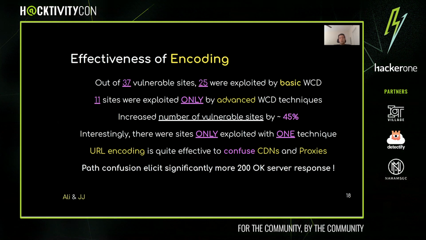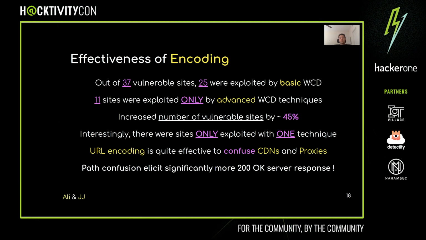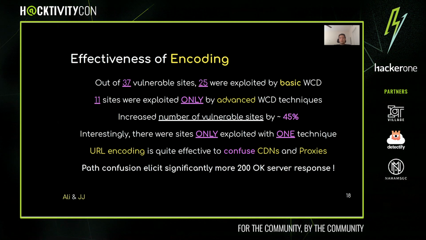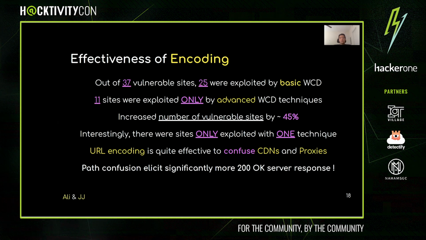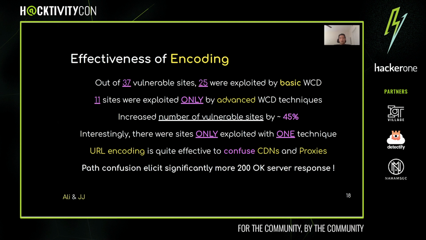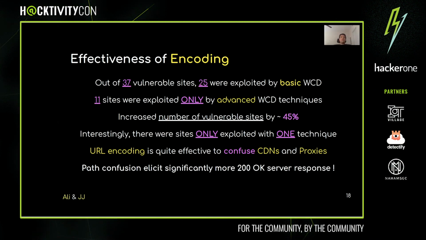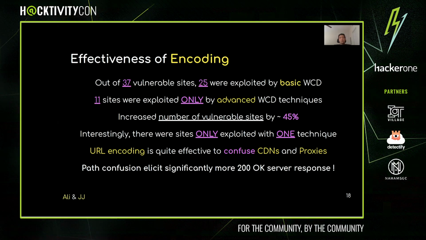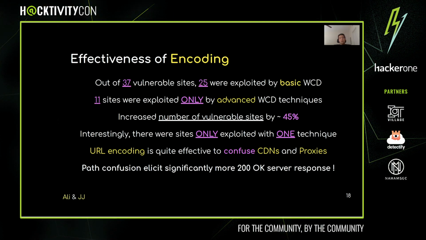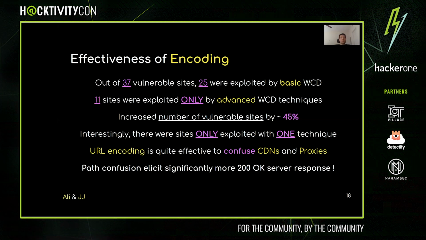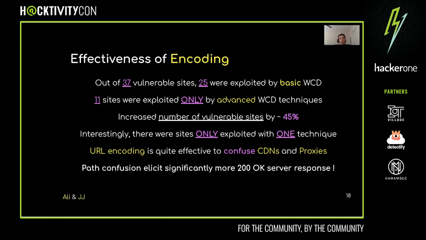Moreover, 2 of the explored variations elicit significantly more 200 server responses, increasing the likelihood of the web server returning valid and private information. It means path confusion increased the chance of obtaining more sensitive information because it forced the web servers to return 200 compared to the traditional techniques.